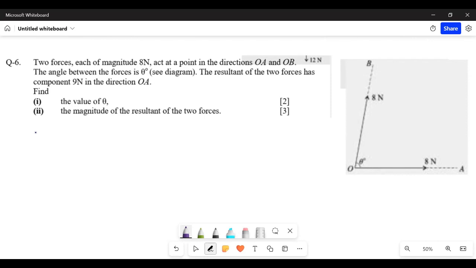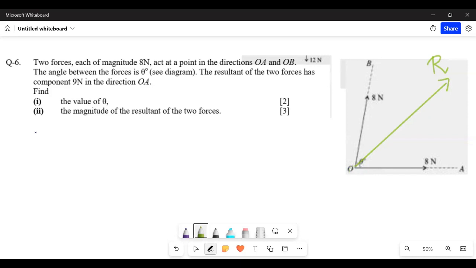Okay, so two forces are acting on a point O. That means there's going to be a resultant force, which is going to be R. I can tell it's going to be in this direction. In every question it's not that obvious, but in this question it's pretty obvious. If this was a particle, it would have moved somewhere in this direction along the green path.